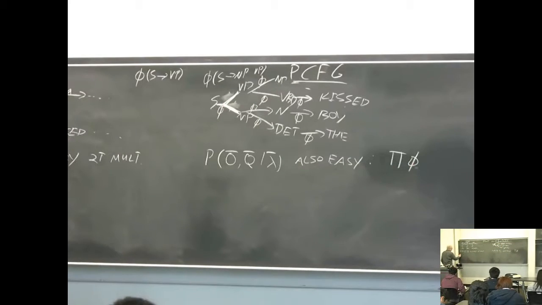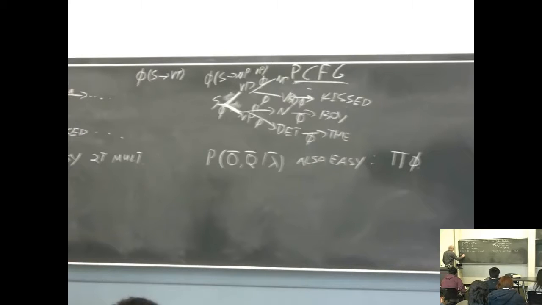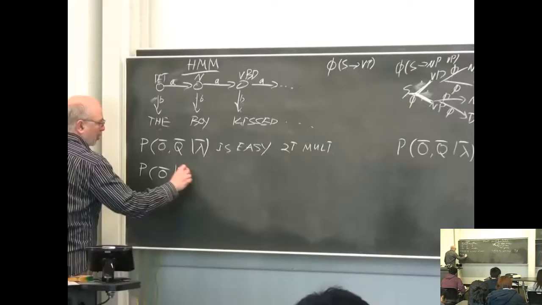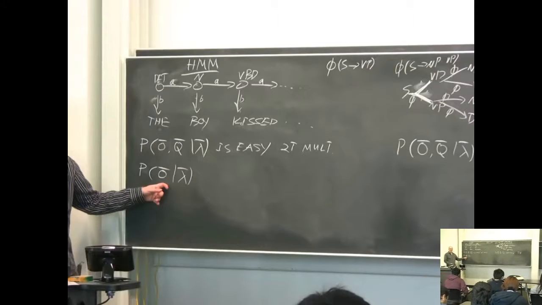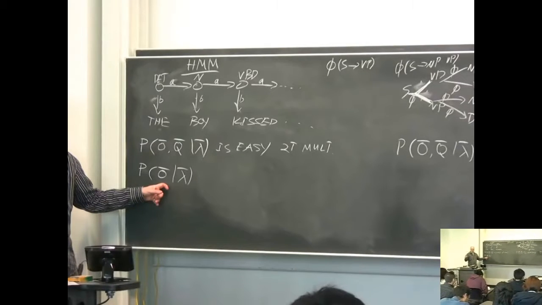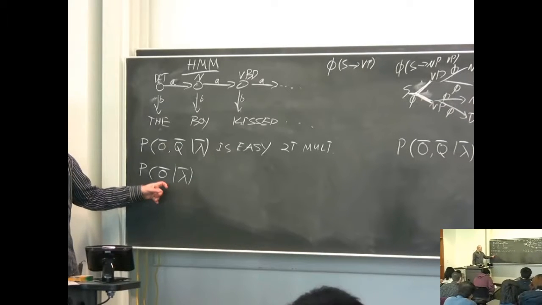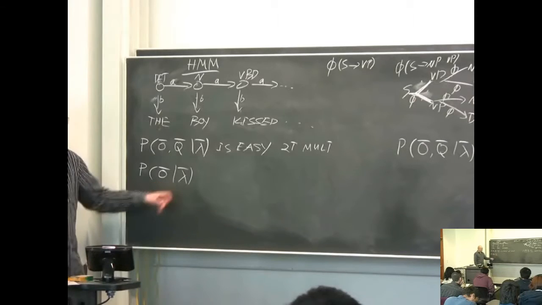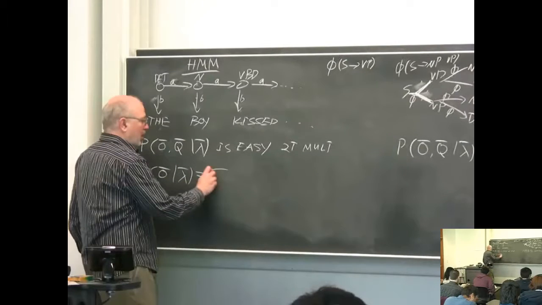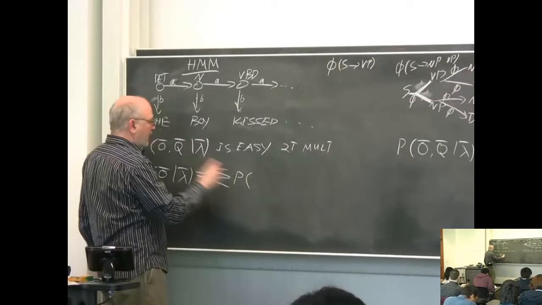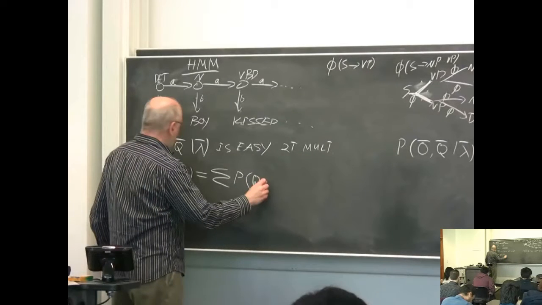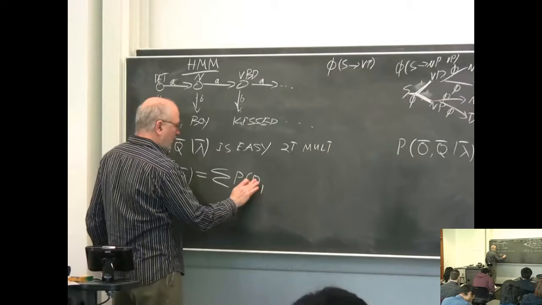Now the harder problem, P of O, given the model. You're only given the observables, the surface form, the words in this case. And you ask, what is the probability of that given the model? This is, in principle, a sum over these kind of terms.